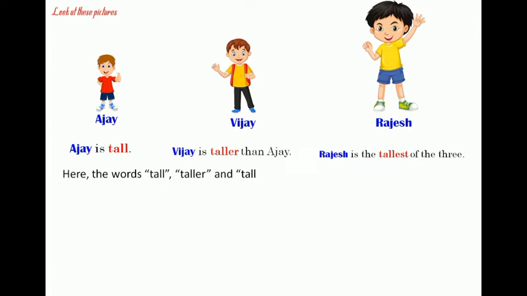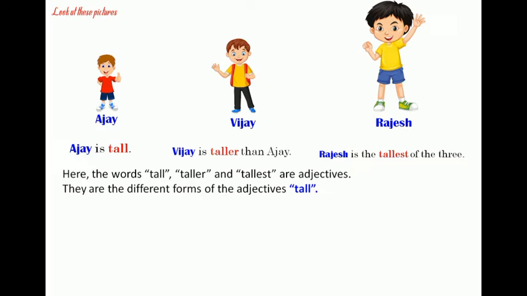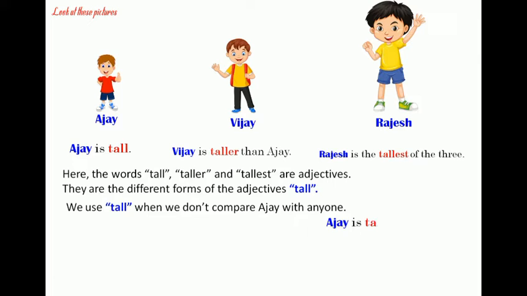Here, the words tall, taller and tallest are adjectives. They are the different forms of the adjective tall. We use tall when we don't compare Ajay with anyone. Ajay is tall.